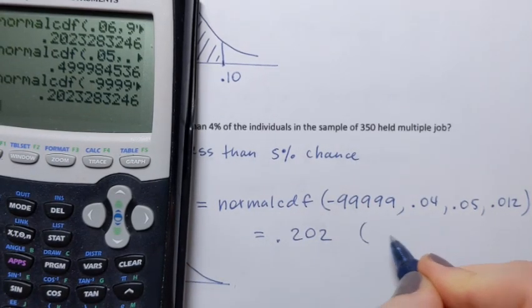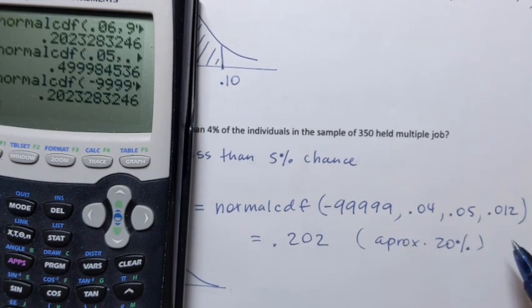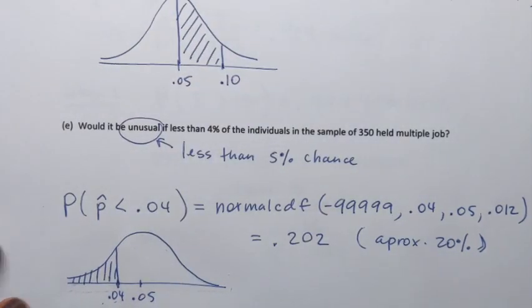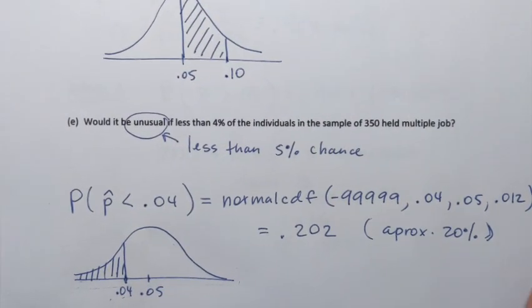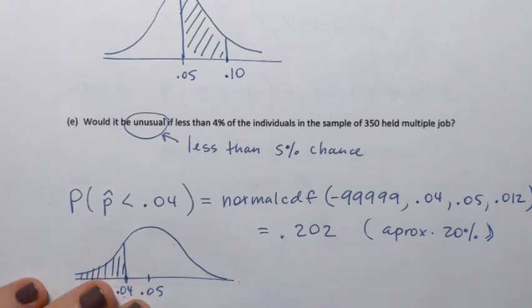0.202. And that's approximately 20%, right? So it's a 20% chance that if you randomly select a sample of 300 employed individuals, then less than 4% of them are going to have multiple jobs. Does this mean that it's an unusual event? Well, no, it's far from being unusual.